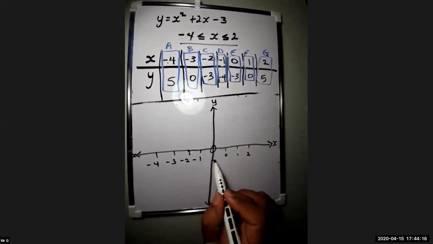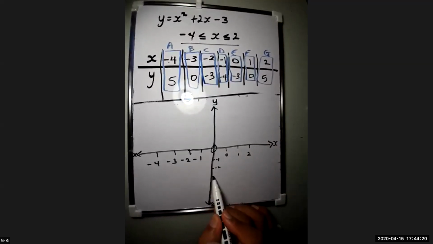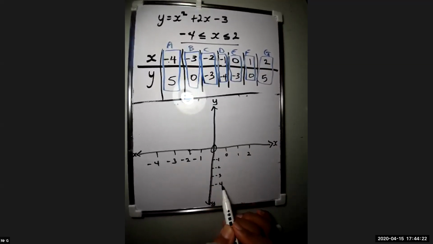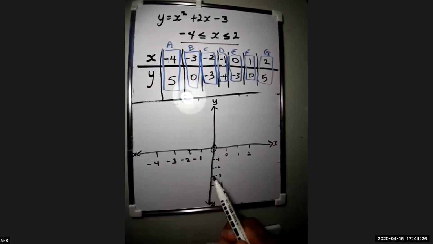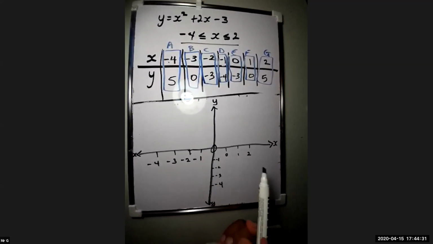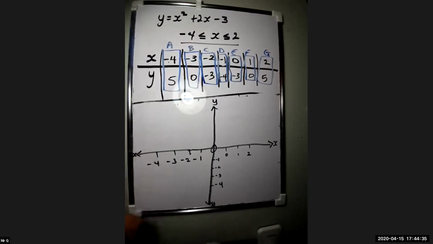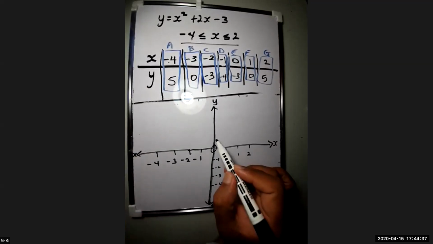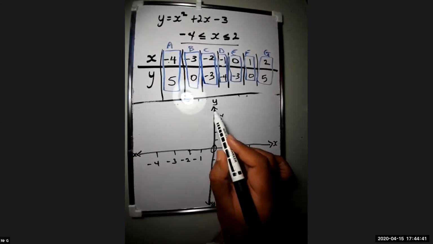So -1, -2, -3, -4. Again, I am not using graph paper, so my spaces will be inaccurate, but you have to use graph paper. The largest positive Y value is 5. So we go up 1, 2, 3, 4, 5.